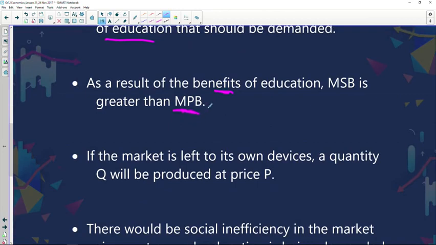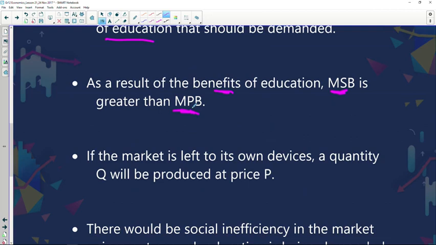So remember, we're looking at the marginal social benefit and the marginal private benefit. We said, obviously, on a social level, education is considered to be something that's very important. So the benefit would help increase the number of people that want access to education.